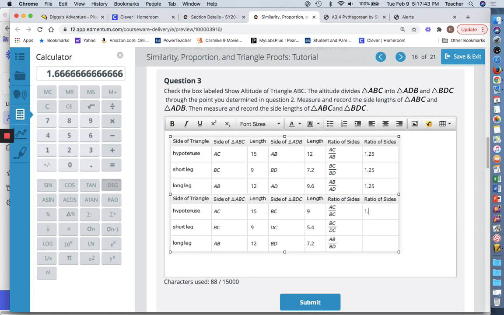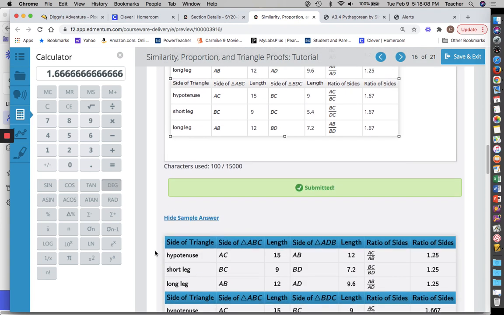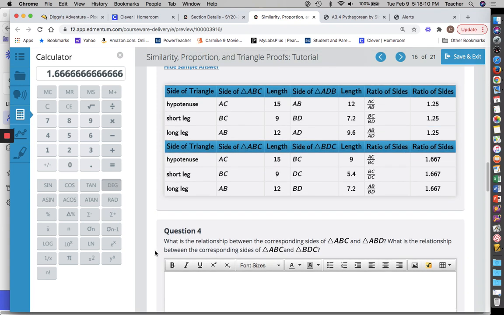So I'm going to round that to help myself. 9 divided by 5.4 is 1.6 repeating, so 1.67. 12 divided by 7.2 is also 1.67. All right, so there we are. They are proportional. These are similar figures, you guys.